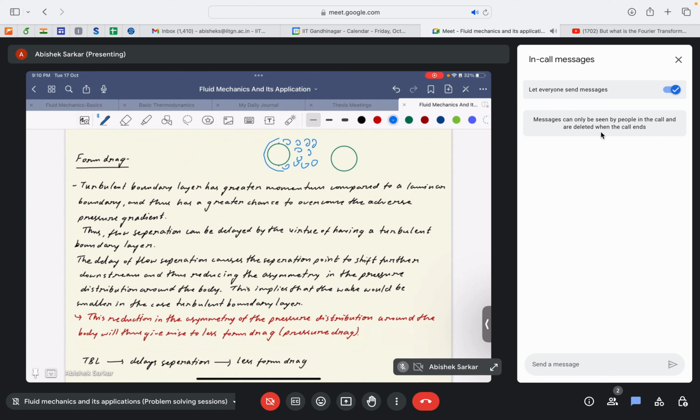But in the case of a turbulent boundary layer, the separation is delayed. Why? Because since the flow has higher inertia, it has a tendency to delay the flow separation, or basically to overcome the adverse pressure gradients. More importantly, there are dimples on the ball.